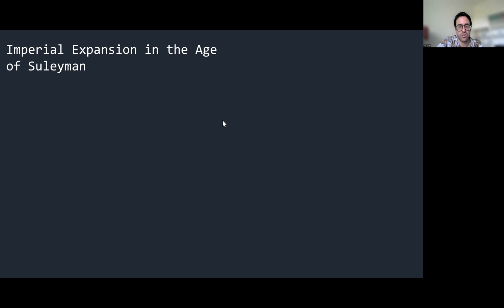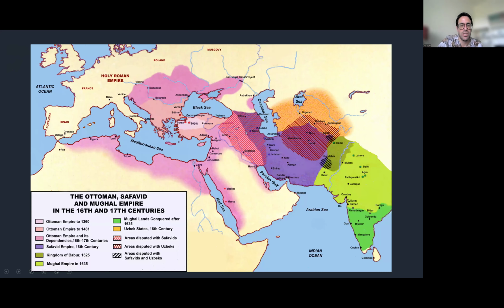So let's look at what the Ottoman Empire was. So at this point, we can see by the 16th century, what ends up containing Ottoman territories is this area shaded in pink. Remember, the Ottoman Empire started over here, expanded here, and then into the Balkans and Anatolia.